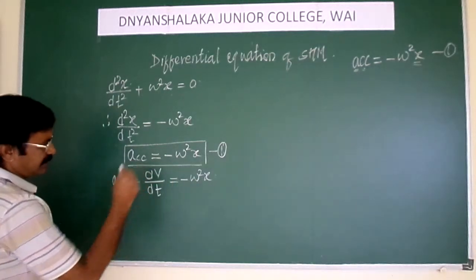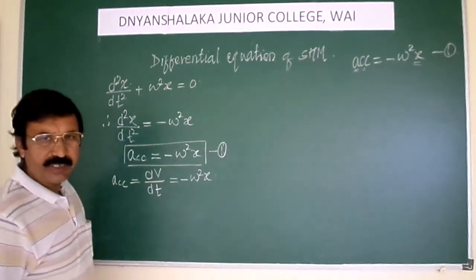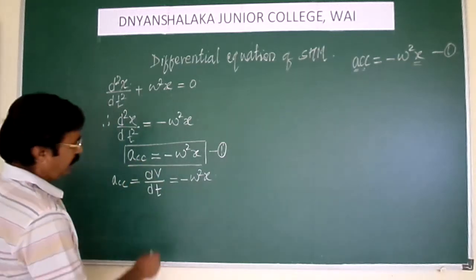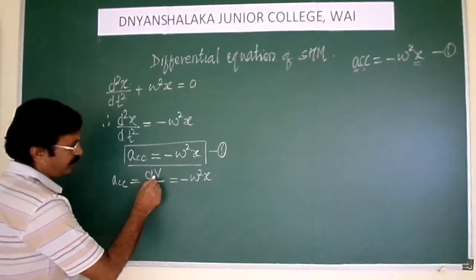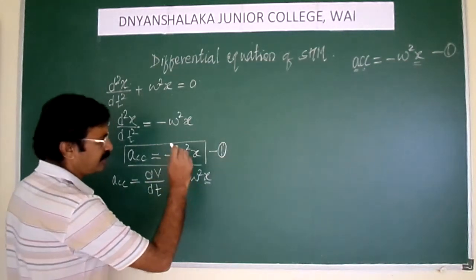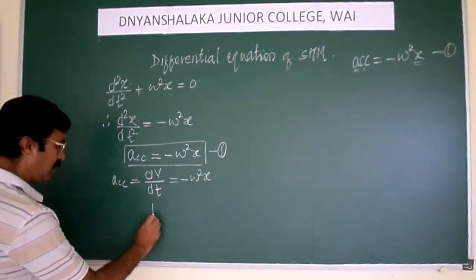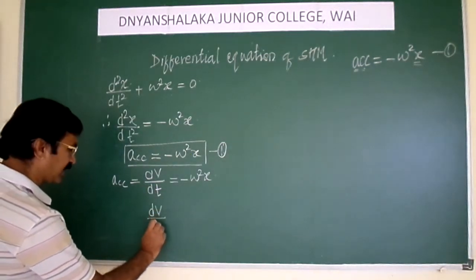Here we can have a little rearrangement. Instead of differentiating velocity v with respect to time, let us differentiate with x, so this will be dv upon dx.